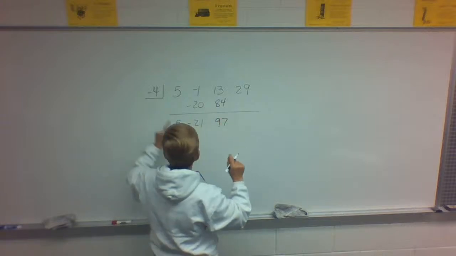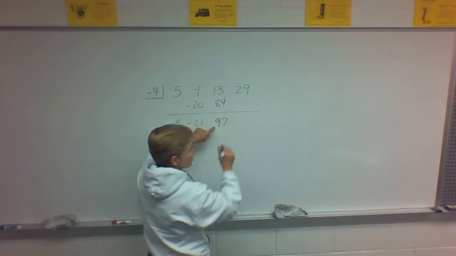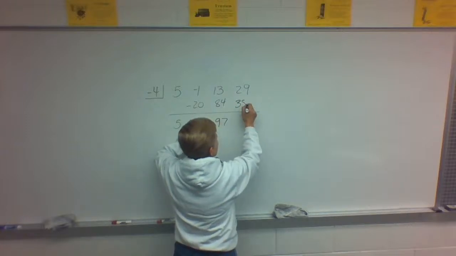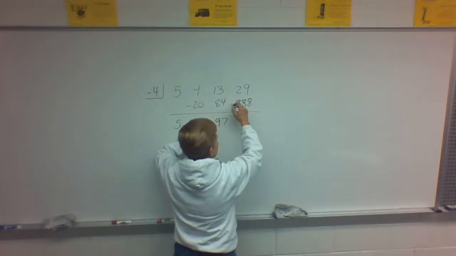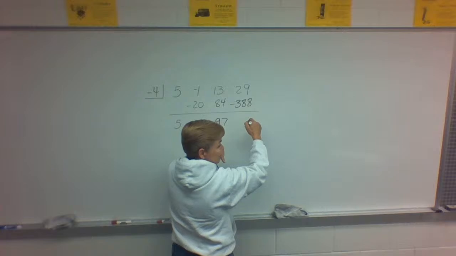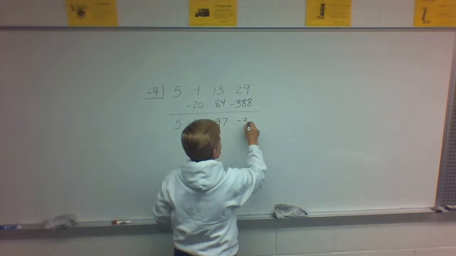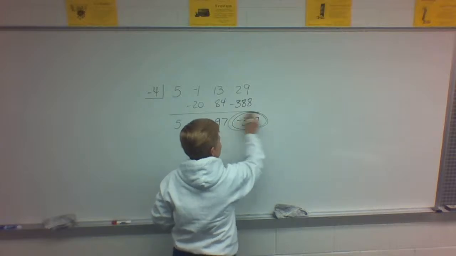Hang on, there's just one more step. Negative 4 times 97 is what? Negative 388. Okay, and what does this do? Negative 359. The answer, folks, is that.